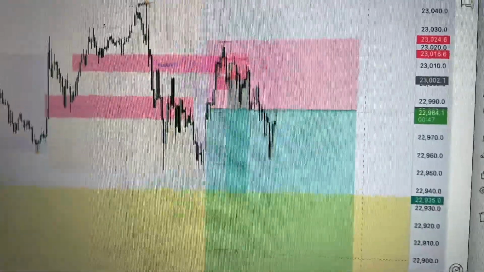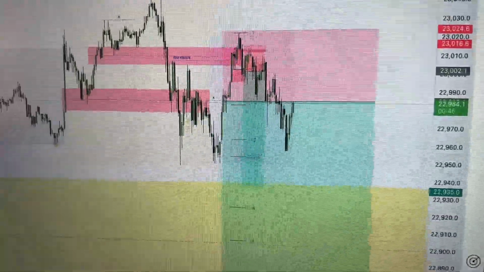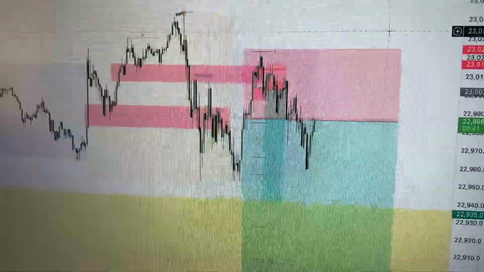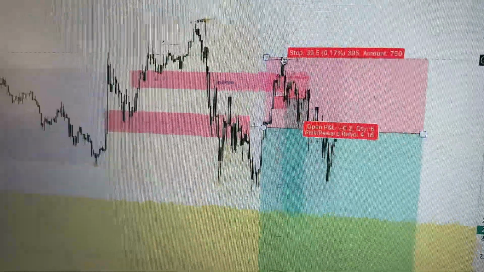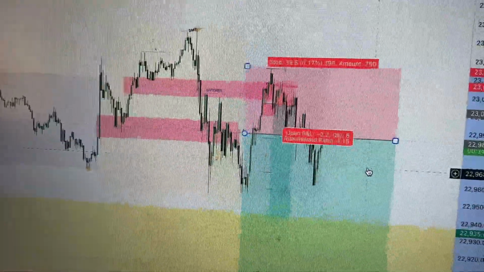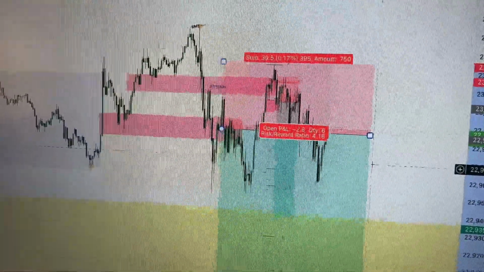This chart is kind of messy, but you get a trade right here. I almost got stopped out today, so we enter over here. Then price came literally a pip below my stops, a small pip, and then ran back down.